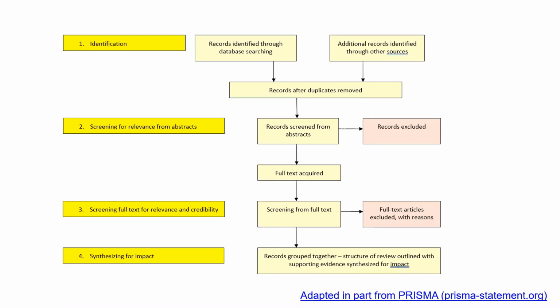And so what you start with is actually the identification of those records. So you go out and you use the tools that are available to you to find out that the research has been produced. And you'll notice that next to identification, it says records identified through database searching, and then additional records identified through other sources.